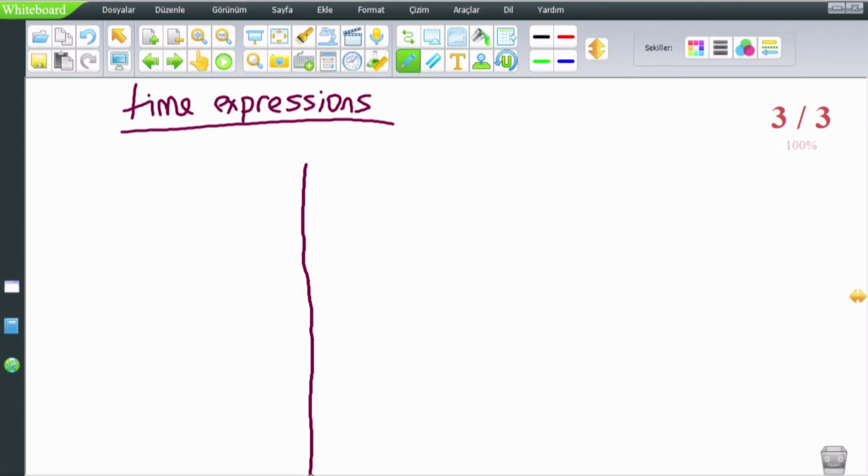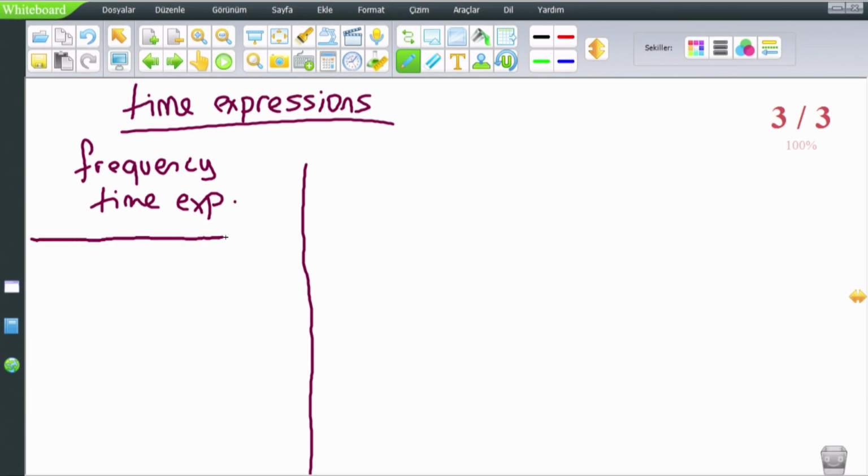We can divide this category in present simple into two because first of all, we have frequency time expressions, or we can say frequency adverbs, and we have the other time expressions, the other category. Let's start with this one. These resemble our actions. How frequent do they occur?